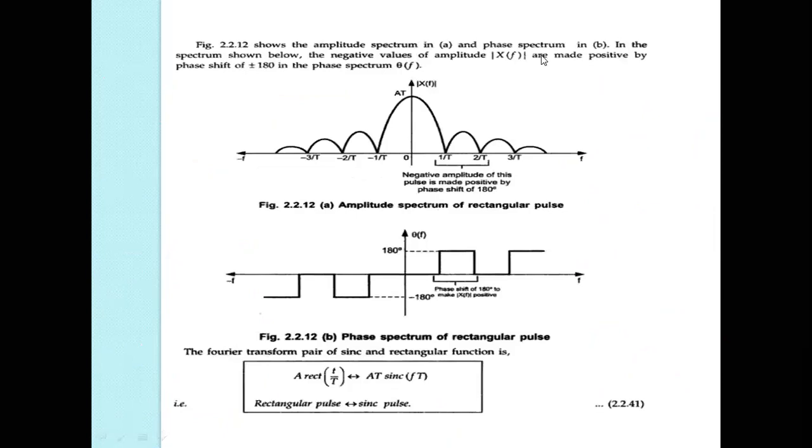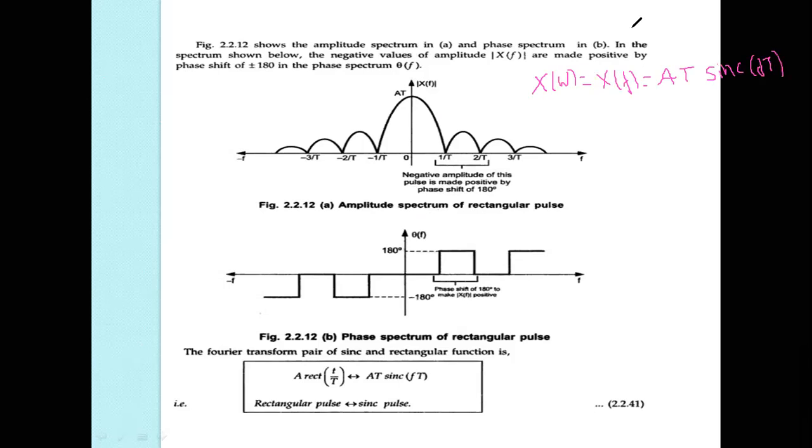Now we go for drawing the amplitude spectrum and the phase spectrum of the rectangular pulse. Amplitude spectrum is nothing but the magnitude only, my dear students. What we got here, X(omega) or X(f), is equal to A t sinc(f t).